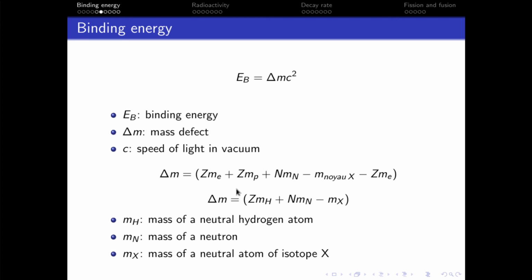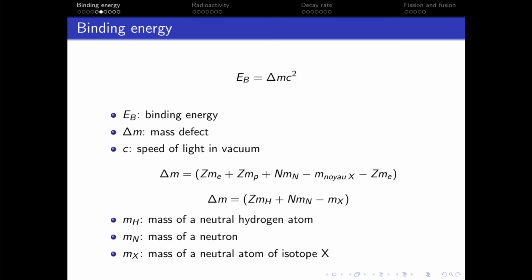The neutrons will stay by themselves, but if you have one proton and one electron, this is a hydrogen atom. So if you have Z electrons and Z protons, you have Z hydrogen atoms. You will be able to find the mass defect by knowing the mass of hydrogen, the mass of a neutron, and the mass of the given atom we are interested in.